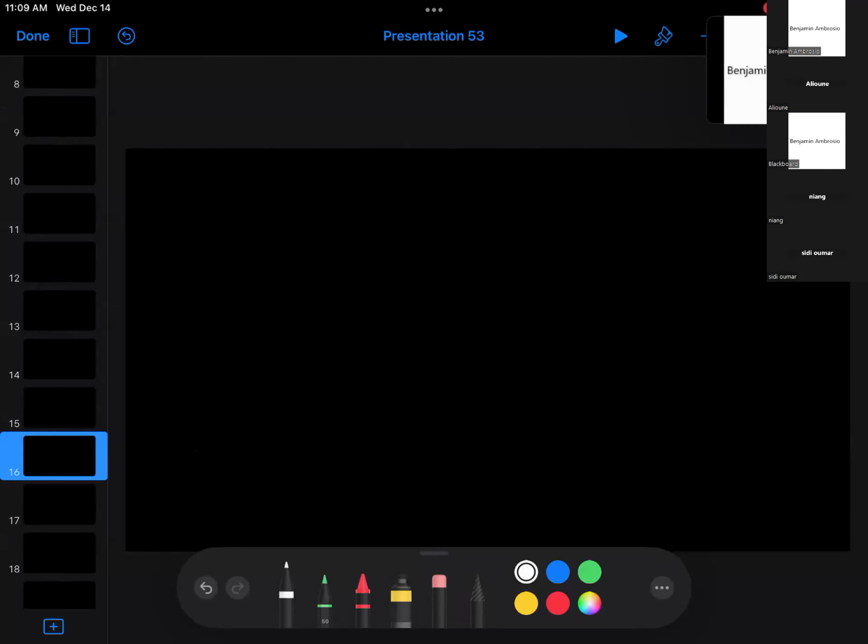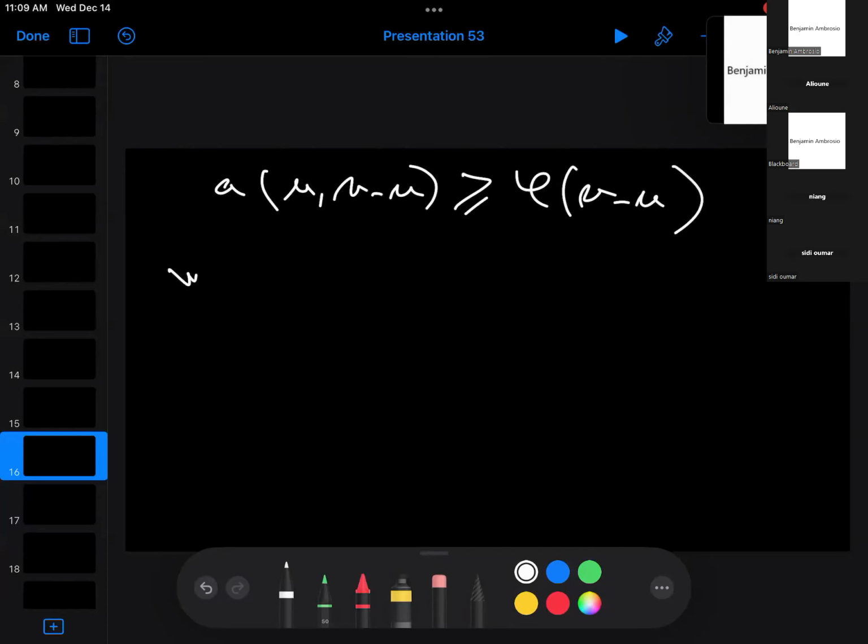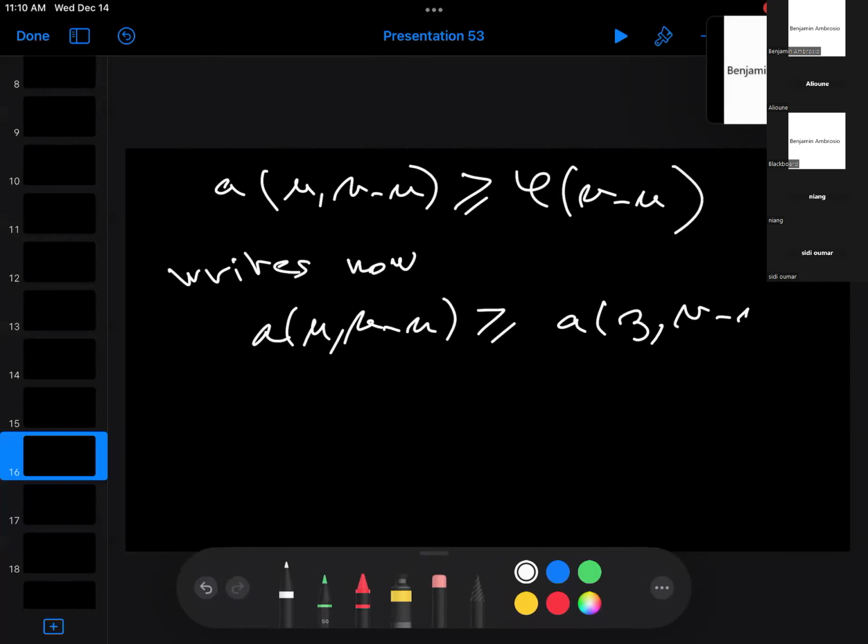So now, the conclusion of Stampacchia is that A U, V minus U is more than phi of V minus U. So now, if A is symmetric, this phi of V minus U is A Z, V minus U. So it writes now A U, V minus U more than A Z, V minus U. So if I put this on the other side, I will obtain A Z minus U, V minus U non-positive.